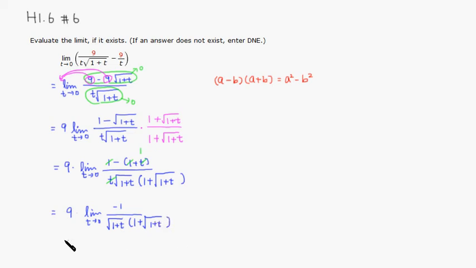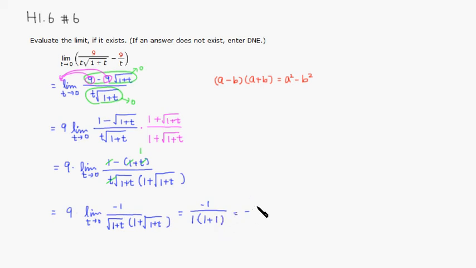Now we can let t go to 0. So this is going to be equal to negative 1 on top, which has nothing to do with t. If you plug in t equals 0 here, it's the square root of 1, which is actually 1. So this is 1 times, 1 plus the square root of 1, so it's actually just 2 on the bottom.